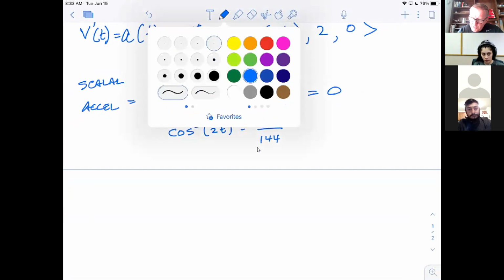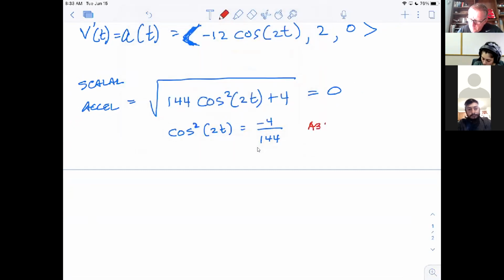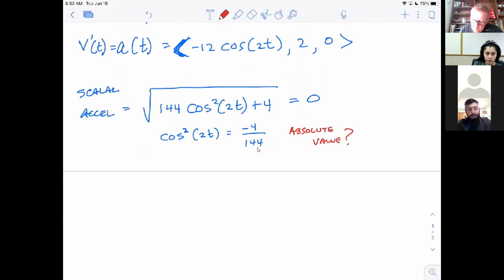So I'll make a note to us here. Absolute value. Can we do that? Should we do that? Is it possible to do that? I don't know. If it is, then we'd say we have now the cosine of 2t. If I square root both sides, fortunately, I can square root 4 and I can square root 144. So I get 1/6. So now I have the inverse cosine of 1/6.